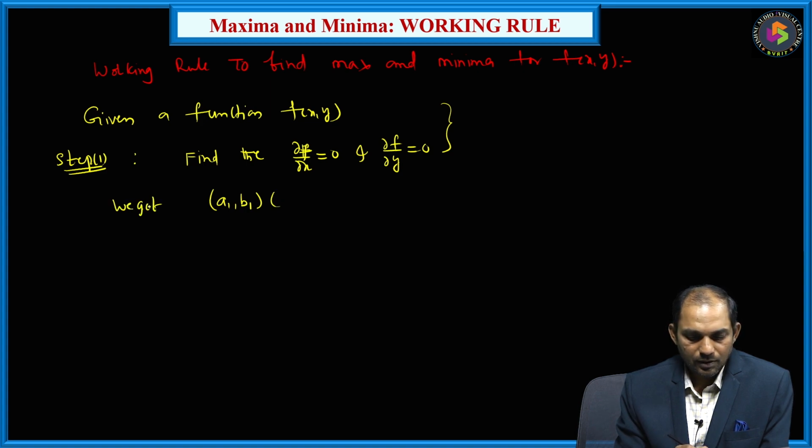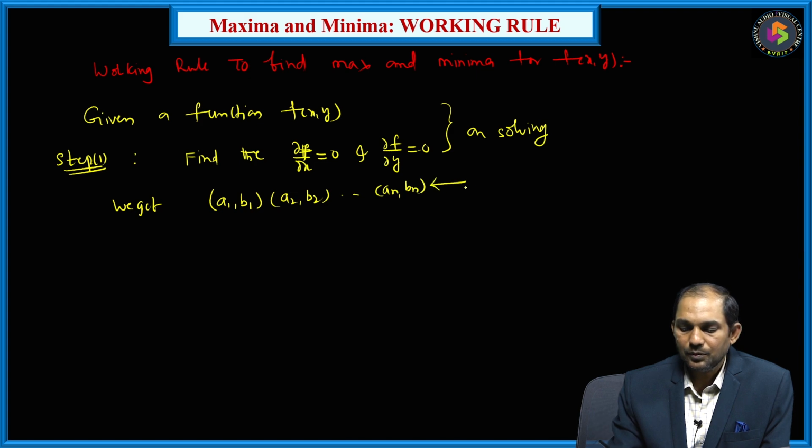We get, on solving, a1 comma b1, a2 comma b2 and so on, an comma bn. We call these points stationary points. So, therefore, in step 1, when it comes to the maxima and minima for a function involving two variables, we find the stationary points.